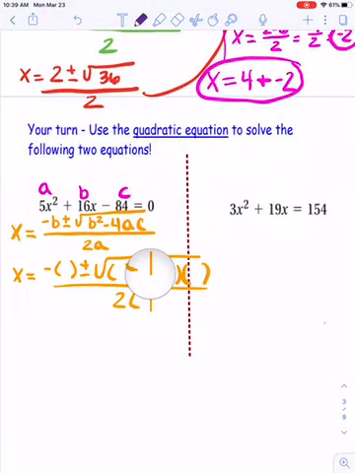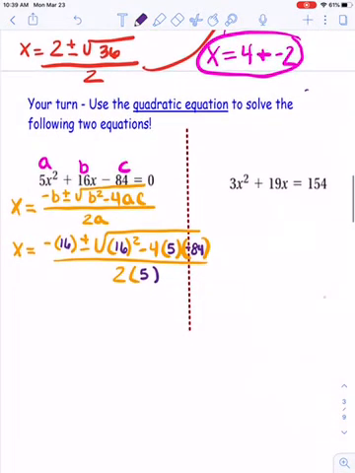So I'm going to plug in a, b, and c, so it says negative b, so b here is 16, plus or minus b squared, so 16 squared, minus 4 times a is 5, times c, which is a negative 84, all over 2 times a.